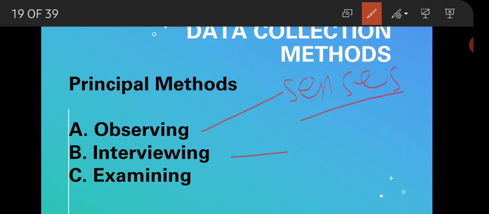And of course, examination. When you do your physical assessment, for example, for examining, so that's one of the methods. So we have physical assessment. Okay, next.